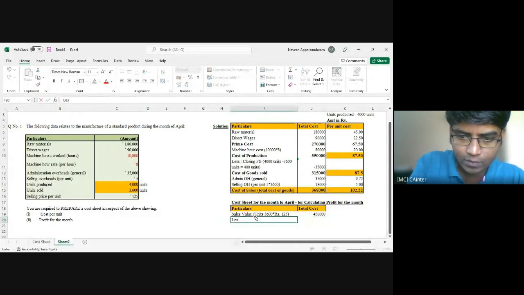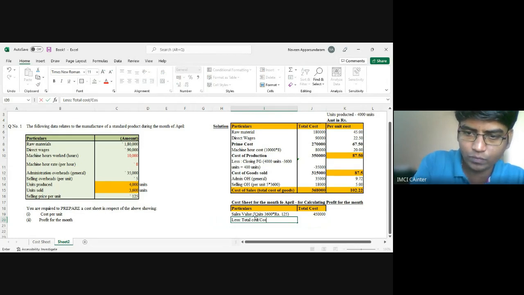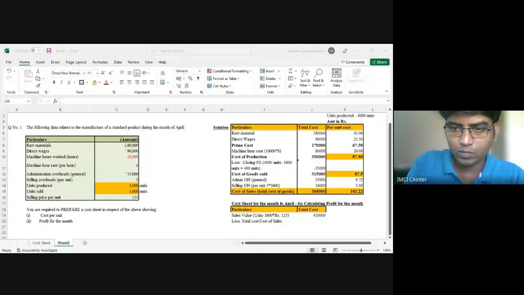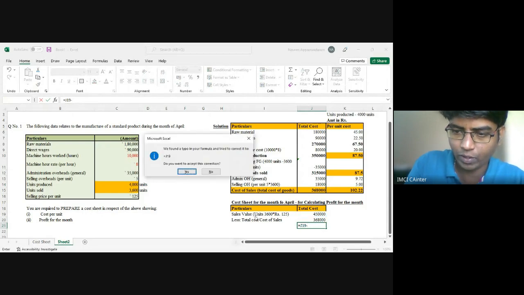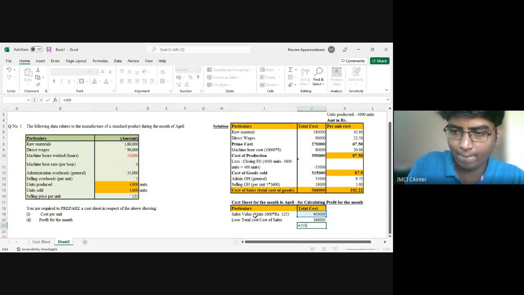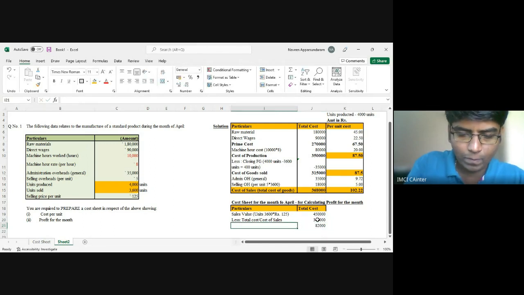So less the cost. 3 lakh 68,000 here. So I'm just reducing my total cost. This is my profit, 82,000.